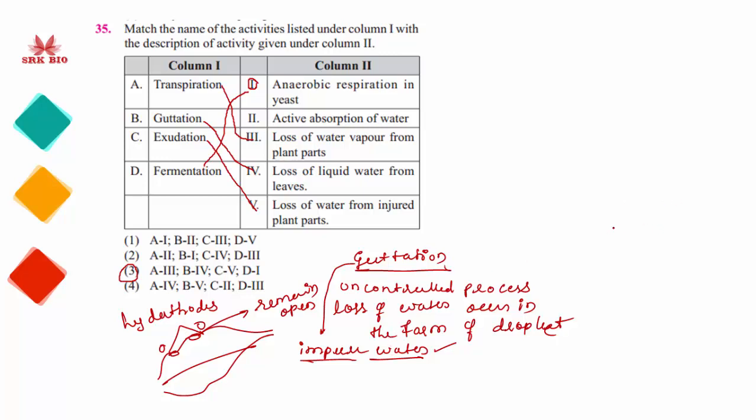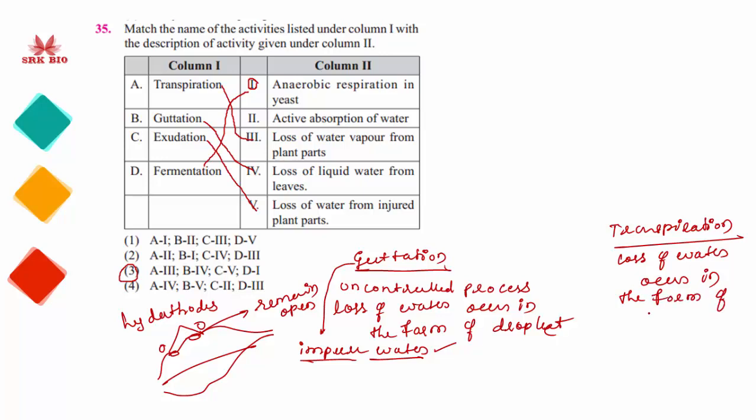Whereas in case of transpiration, the loss of water occurs in the form of vapor, and transpiration can be controlled.